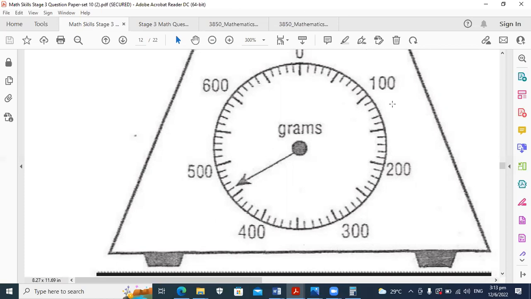It's the same thing I was showing a while ago. You have to work out what each increment value is.